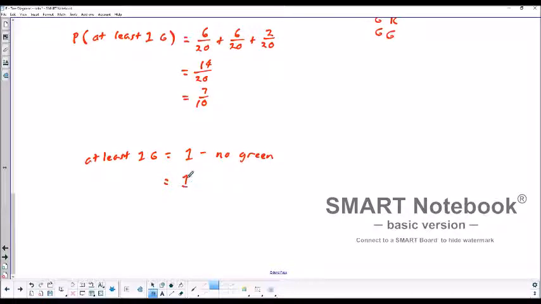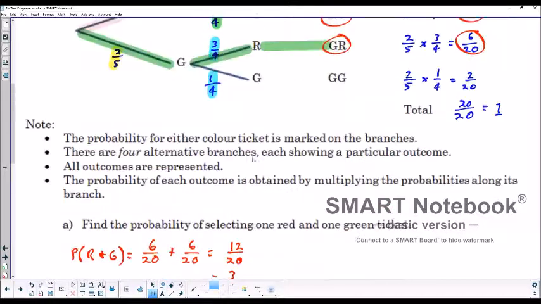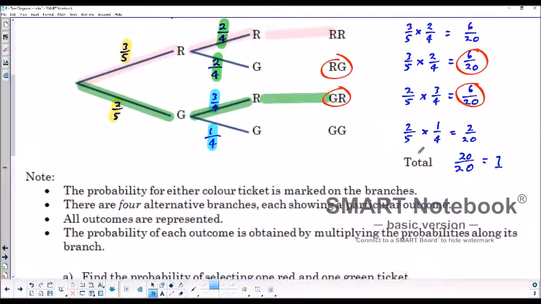So the probability of at least 1 green is 1 minus the probability of no green, which is the probability of 2 red. And the probability of 2 red, if you remember, is 6 over 20. Okay, so that's up here.